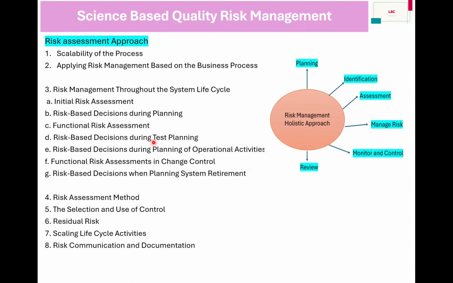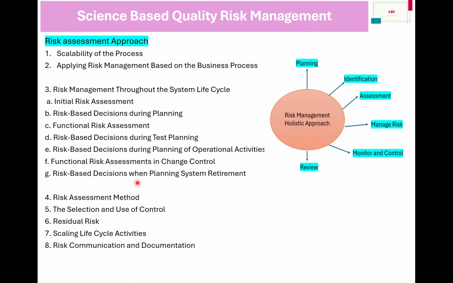Then risk-based decision during test planning, no doubt: when you are going to test each and every step, what risk are you going to mitigate, what is your thought process, how do you manage your process to mitigate, and what type of actions. Then risk-based decision during planning of the operation activity: when we are going to operate the computerized system, what is the decision during your planning, that comes in the risk-based decision. Then functional risk in the change control: when we are going to change anything, what is the function and what is the risk on that function, that comes in the functional risk assessment process.